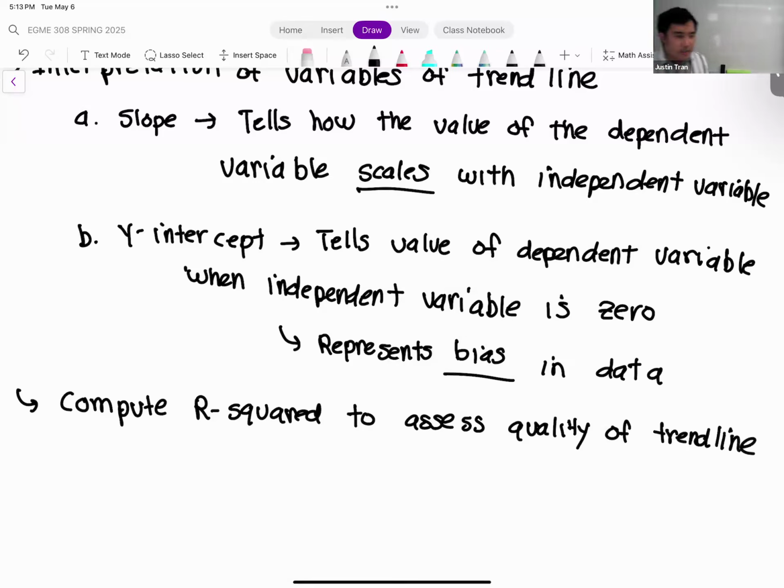Because it's not going to be the case every single time that the data you collect is going to be closely correlated.